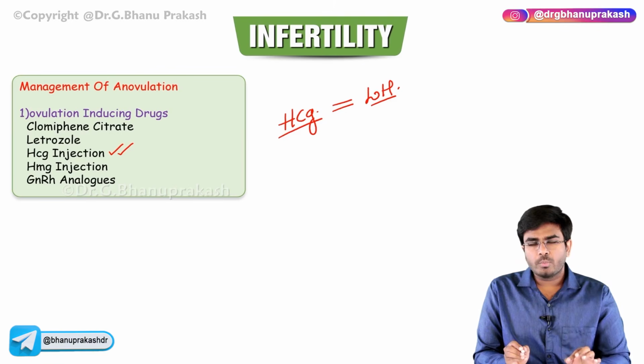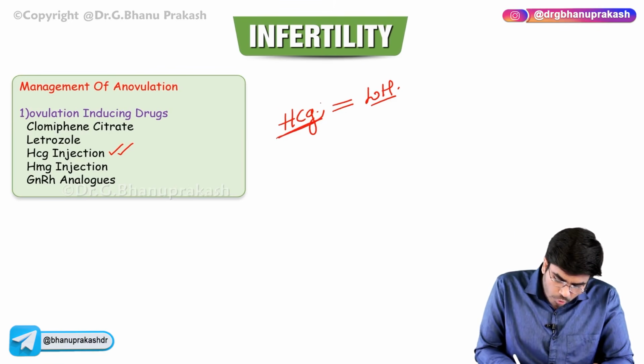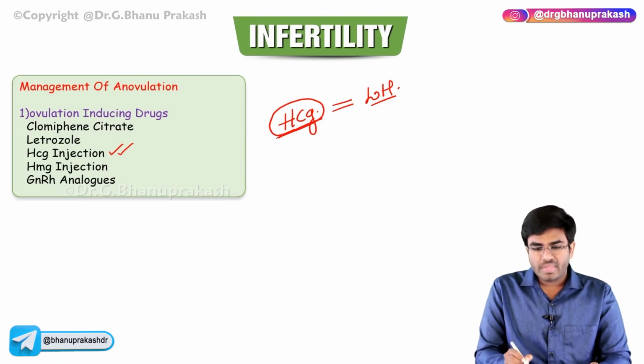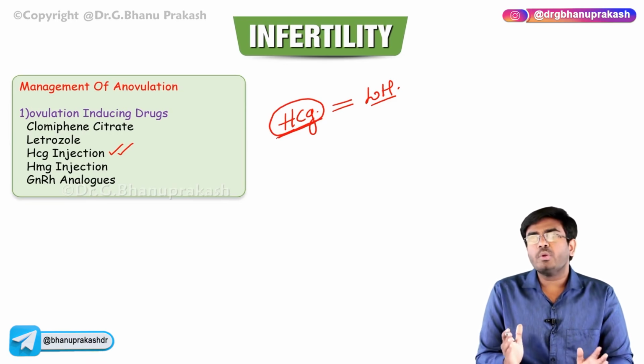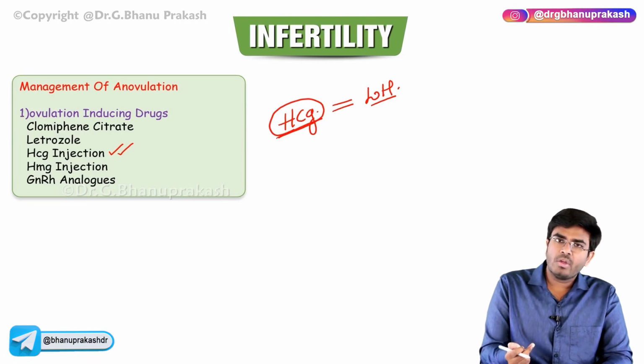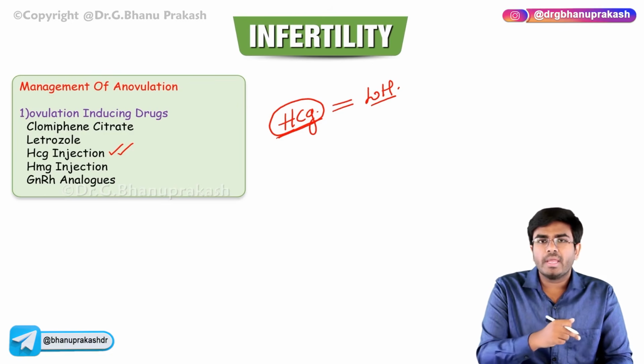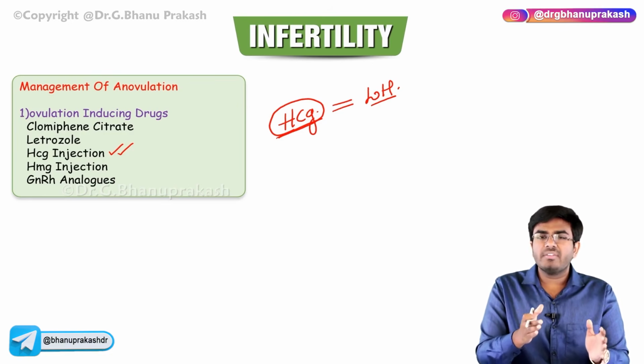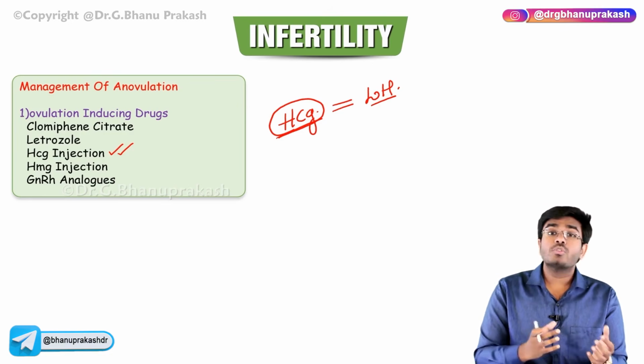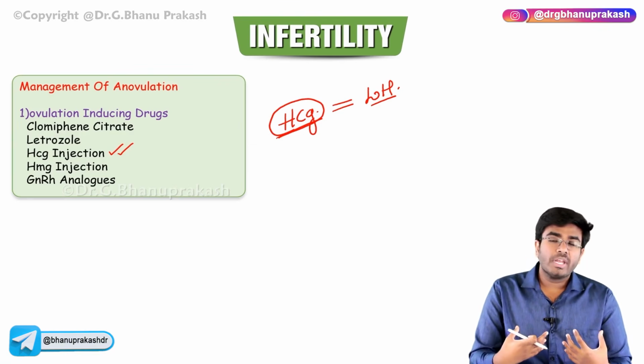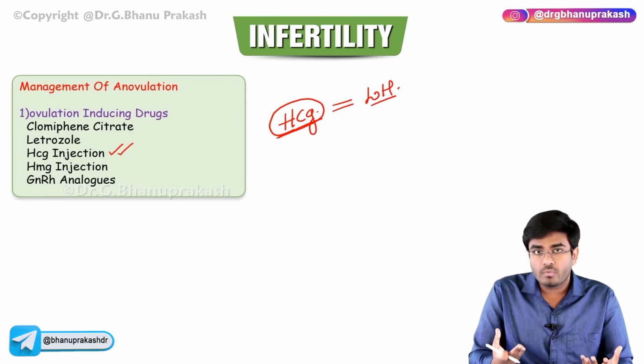Now what I am trying to put into your mind is that HCG is functionally equivalent to LH. So the moment I give HCG to this woman, it is just like I am giving luteinizing hormone. So there can be ovulation in this female who is not ovulating.